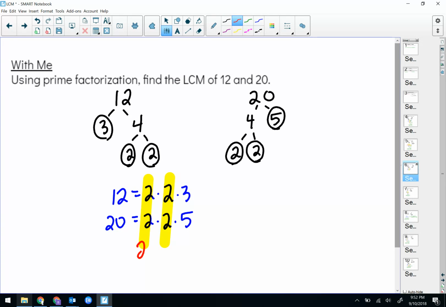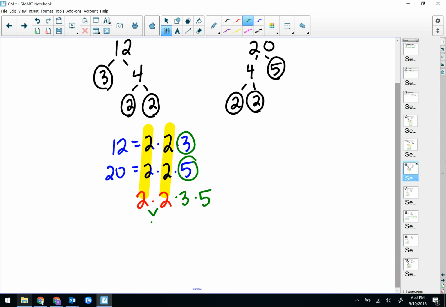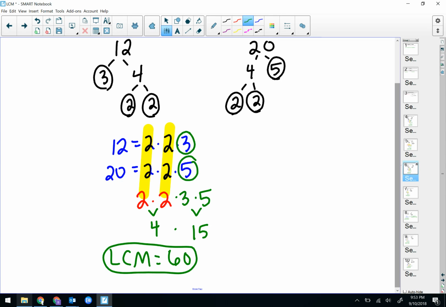So I have a 2 times 2, and then everybody's invited to the party. So I've got a 3 and a 5 left over. One big math problem. If I do my carrots, 2 times 2 is 4, 3 times 5 is 15, and my LCM is 4 times 15, 60. Okay, so if you were to count by 12s and count by 20s, the first number that they would both have in their list is 60.